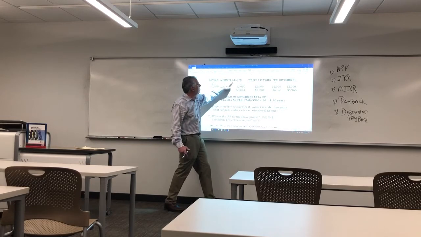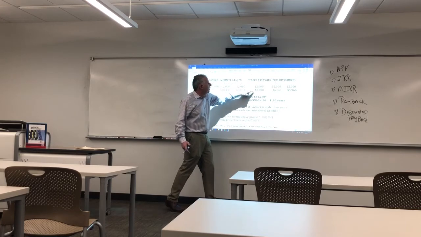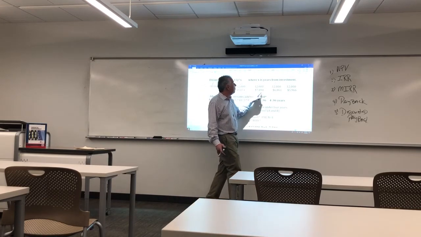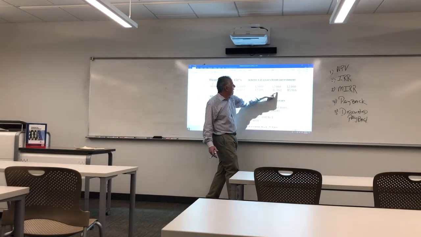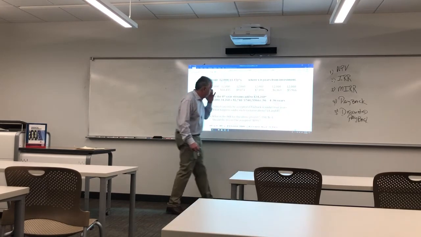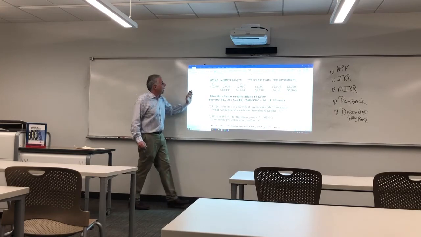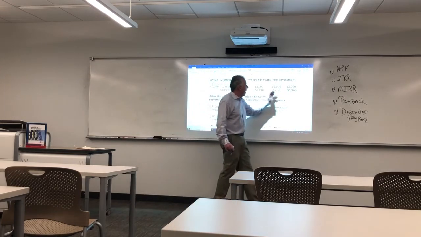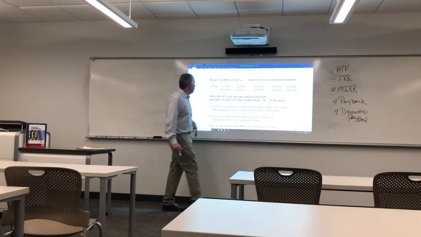12 grand divided by 1.15. Remember, 0.15 was given, the weighted average cost of capital, 1 plus WACC, 7,890. 12 grand divided by 1.15 to the 4th and 1.15 to the 5th. We now start looking how long till we get paid back. All right?